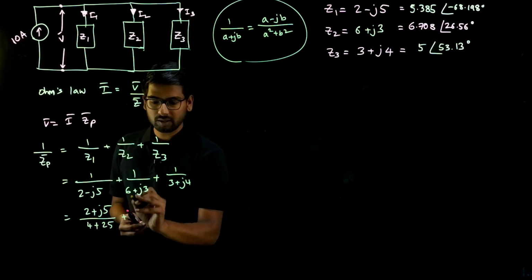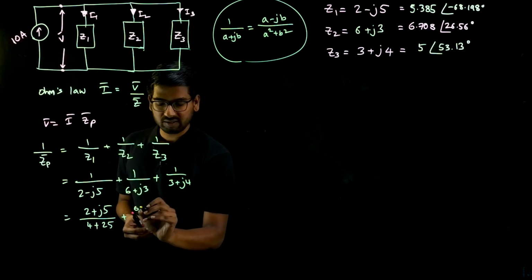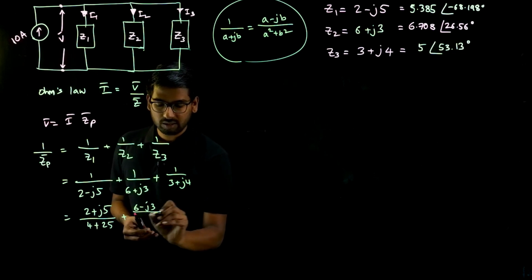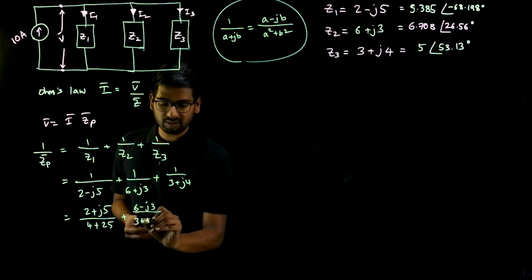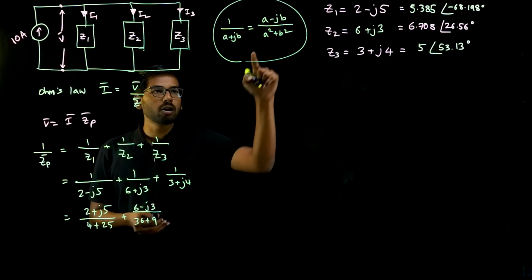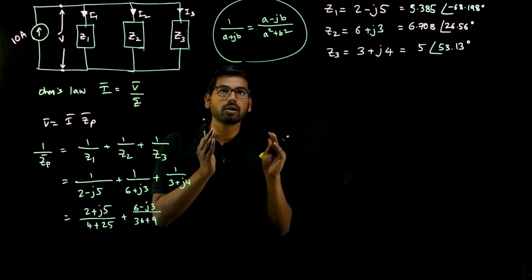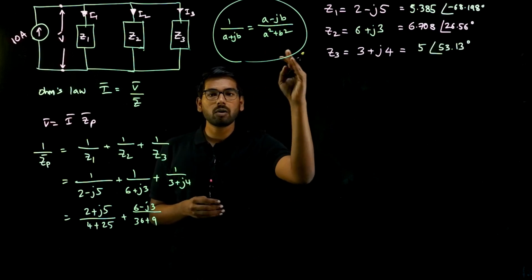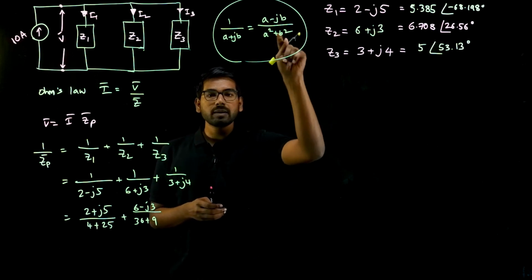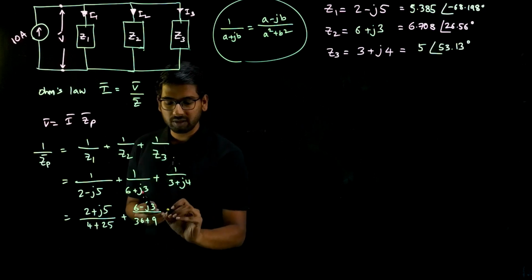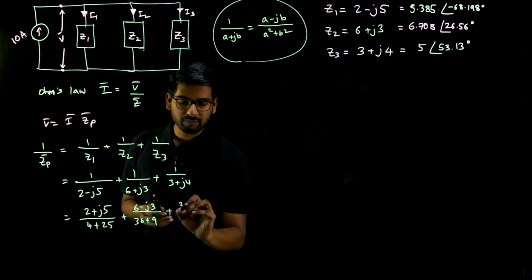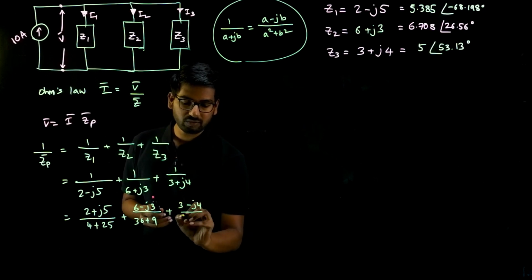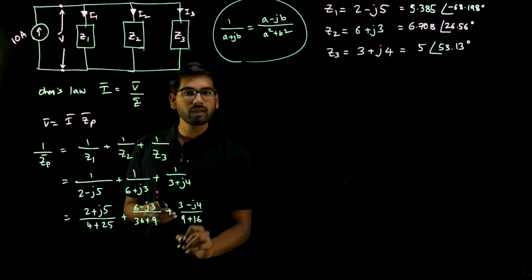Plus 6 minus j3 divided by 6 square, which is 36, plus 3 square, which is 9. According to the complex number property, 1 by a complex number is its complex conjugate by a square plus b square. So plus 3 minus j4 by 3 square, which is 9, plus 4 square, which is 16.